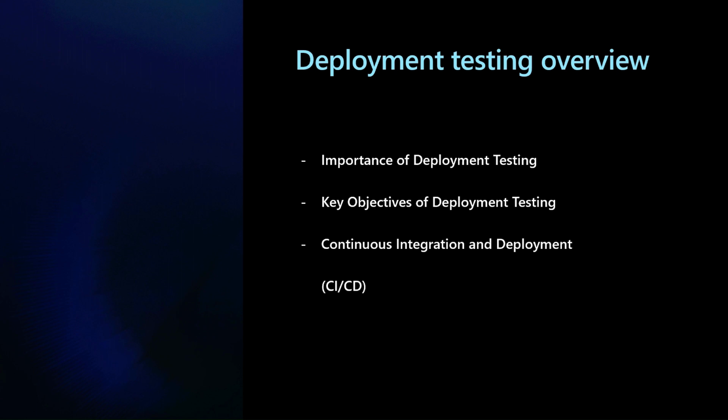Deployment testing verifies that data is accurately migrated and that there are no losses or corruption during the process. We also have compatibility checks. With all the devices and platforms available, it's essential to ensure your software works across different environments correctly.